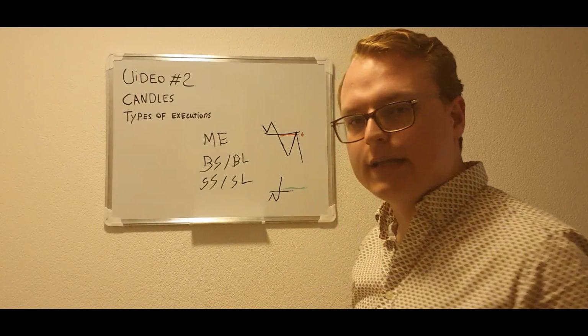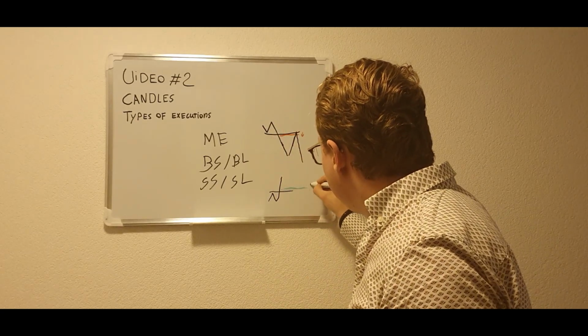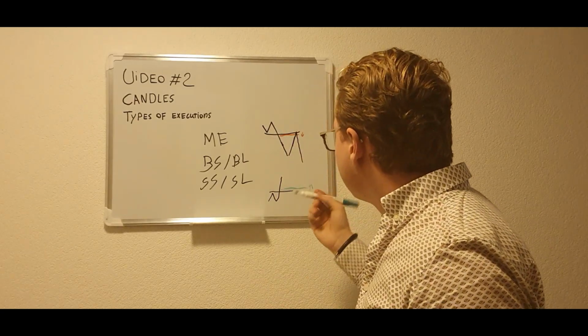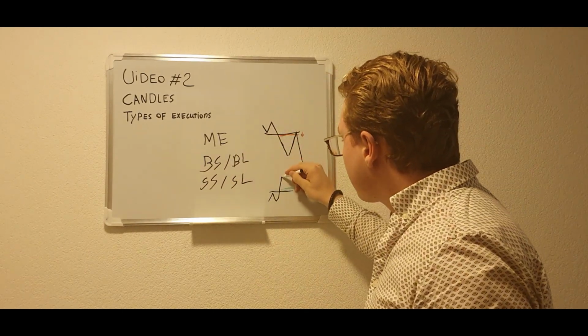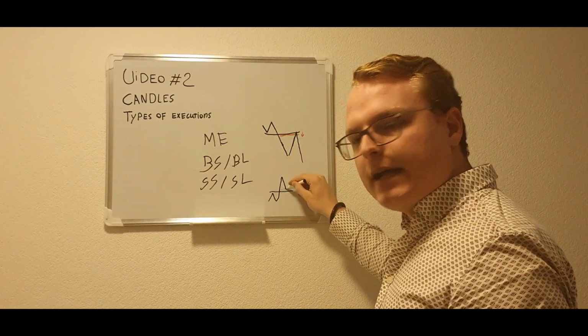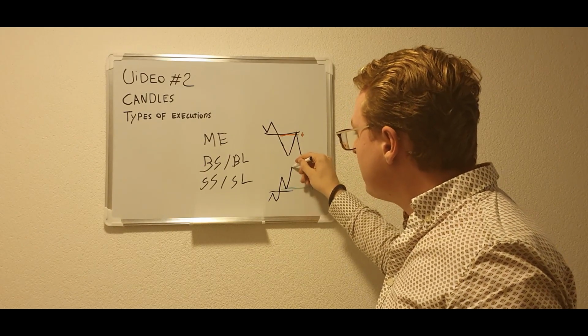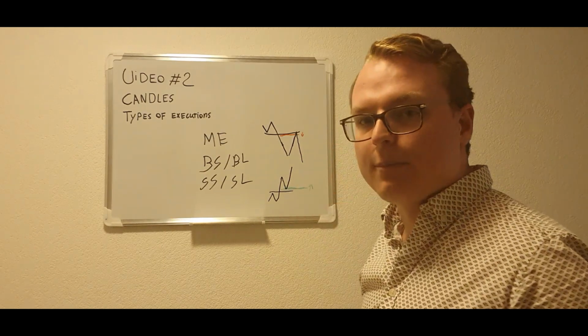Hopefully you're able to see that. So a little buy limit. It's not that bright, but it's okay, don't worry about it. Once price comes back to that level, you're expecting price to continue further up again. So that's pretty much the buy limit.